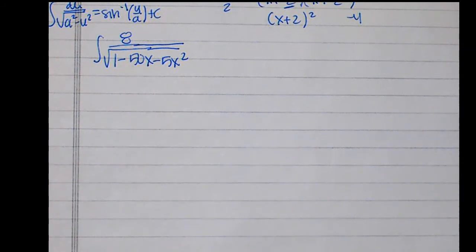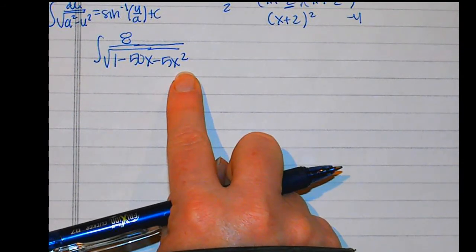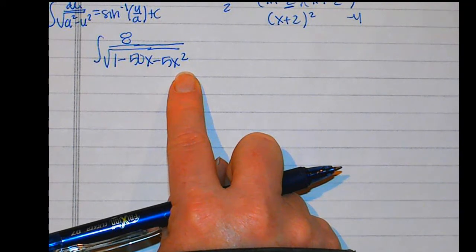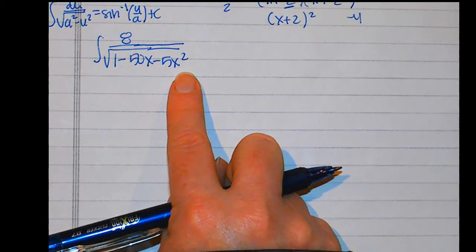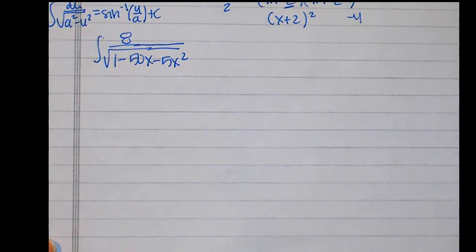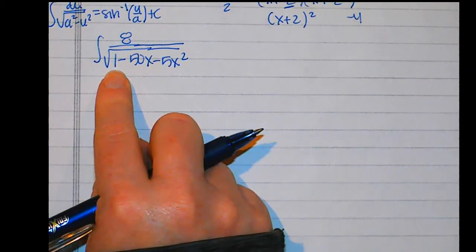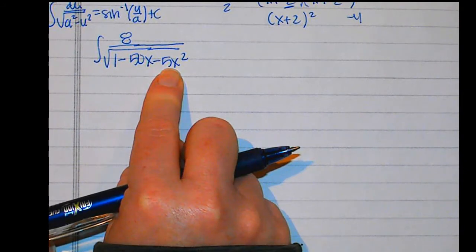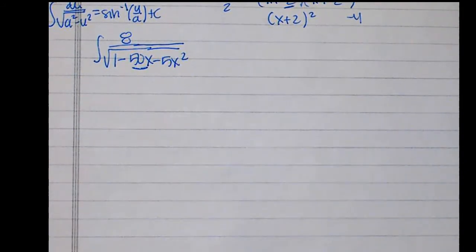But that square root and squares makes me think an arc trig function. So for right now, pull out your little note card and think, I need to make it into something squared minus something else. 1 is already squared, but that doesn't help me with the 5. I need to somehow take care of this guy.